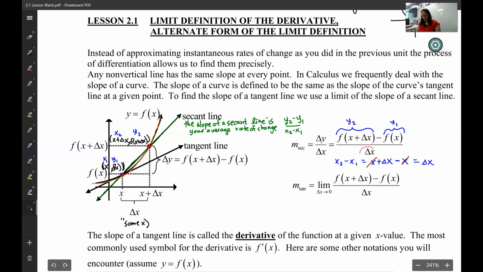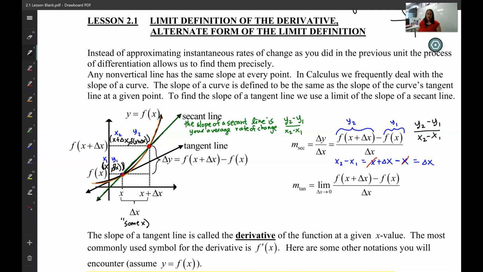So that's where this part comes from. That delta x is x2 minus x1. So this whole equation right here is just a very fancy way of saying y2 minus y1 over x2 minus x1, which you have seen forever.